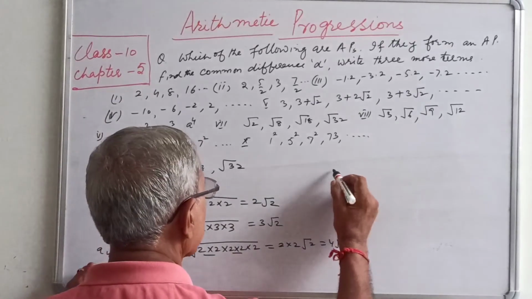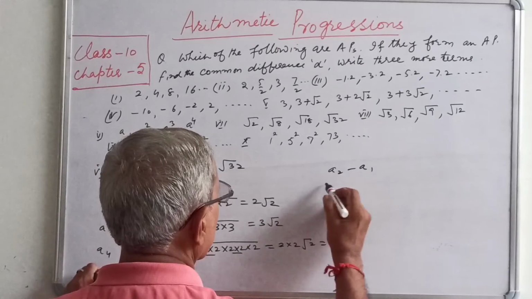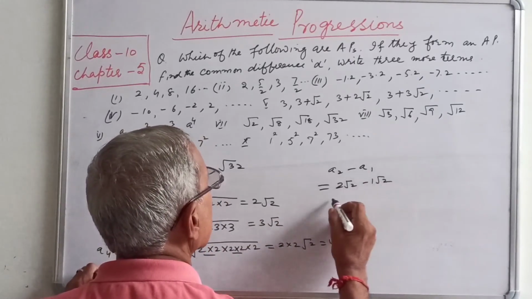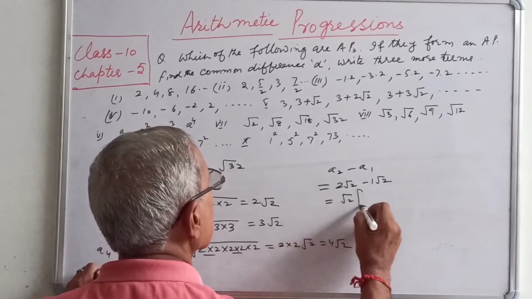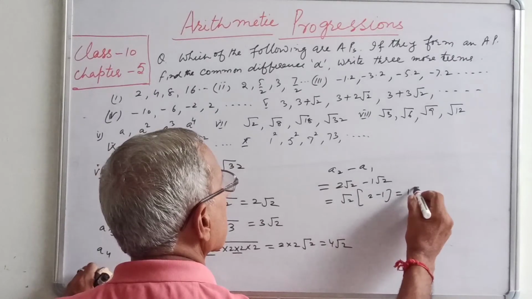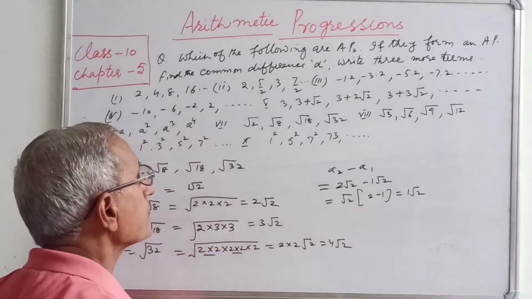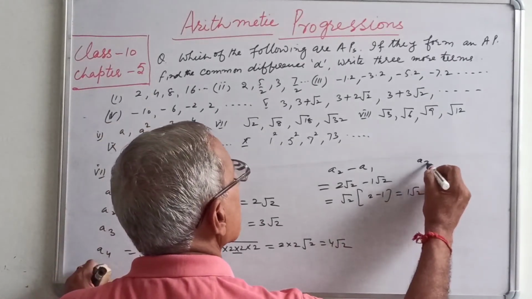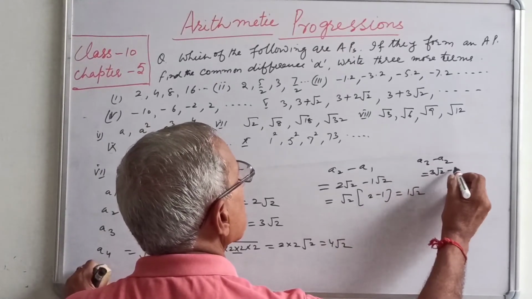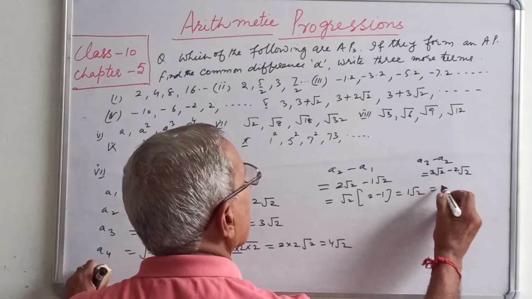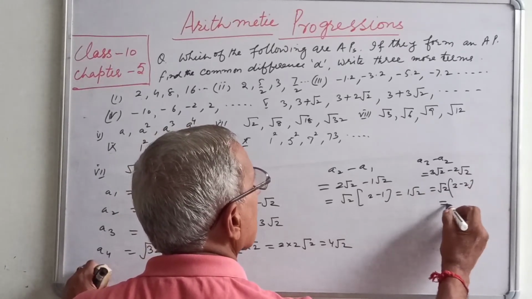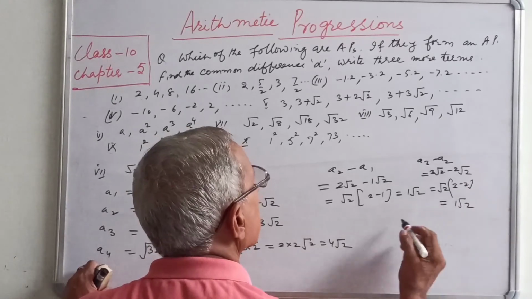So A2 minus A1 is 2 root 2 minus 1 root 2, root 2 common, so 2 minus 1, that is 1 root 2. Next is A3 minus A2, 3 root 2 minus 2 root 2, root 2 common, 3 minus 2, 1 root 2.